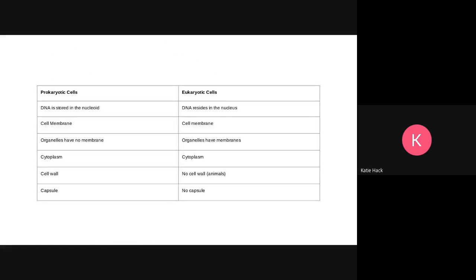To compare the two, the prokaryotic cell has DNA that's stored in a nucleoid, whereas in the eukaryotic cell, it's in the nucleus. Both prokaryotic and eukaryotic cells contain a cell membrane.